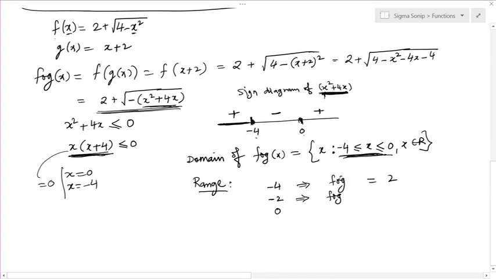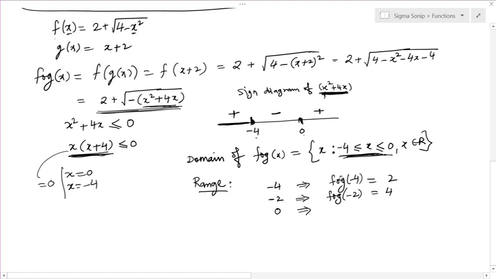Sorry, I can write it as -4 fog -2. I put -2 here, so that becomes +4. This is -8 + 4, -8 gives you -4, becomes +4. Take a square root, becomes 2, so that becomes 4.